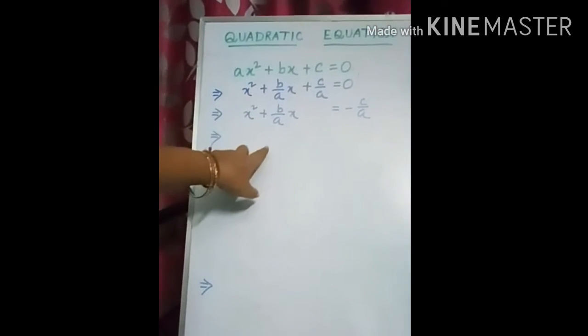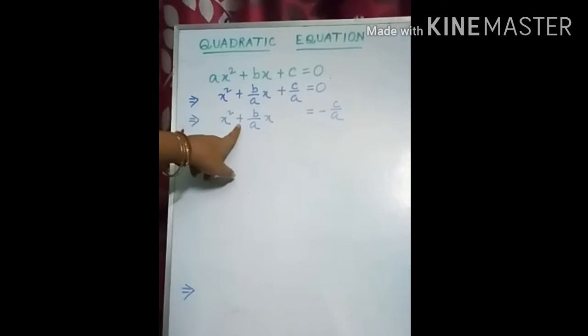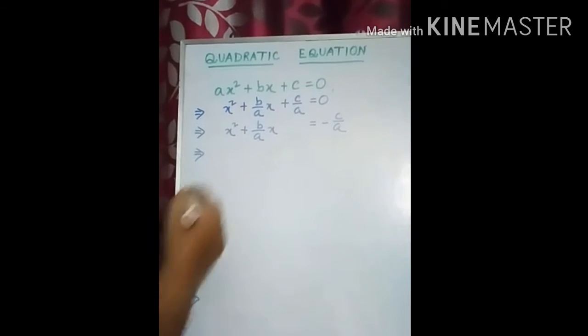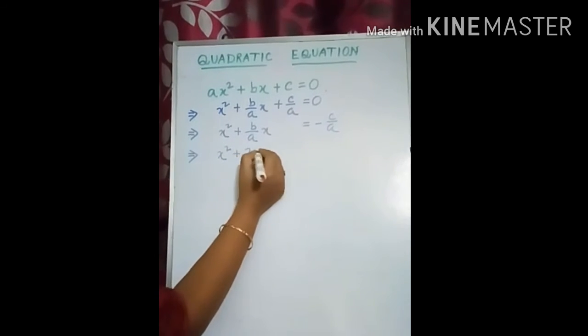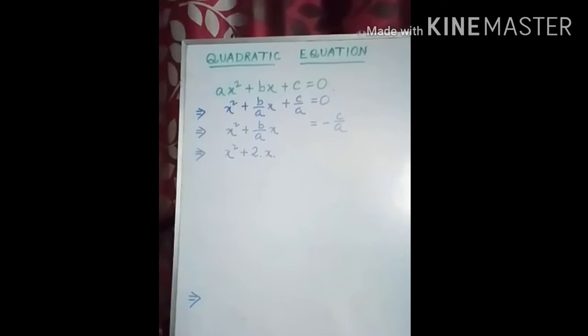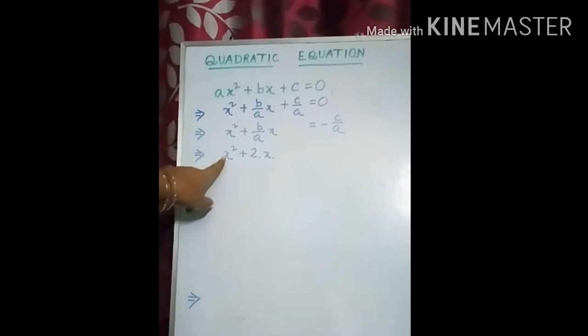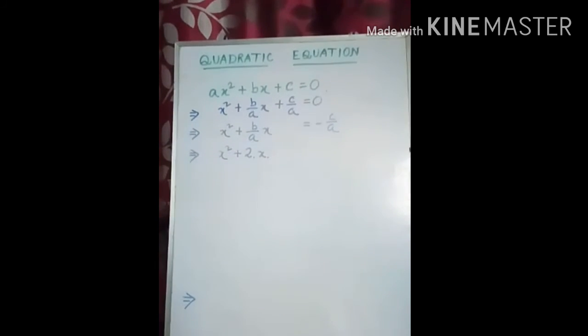After the second step, third step, the left hand side part, as it is plus, I will try to write down in the form a plus b whole square. So x square plus 2 into x. Here a plus b whole square, a square plus twice ab plus b square. A means x, so plus twice a. Now b.